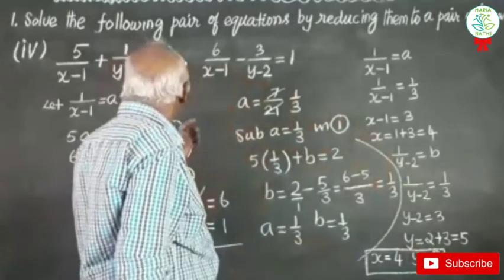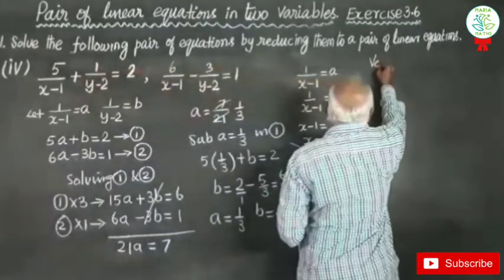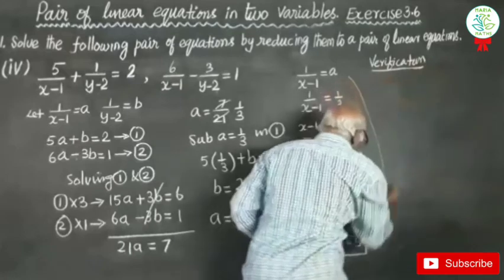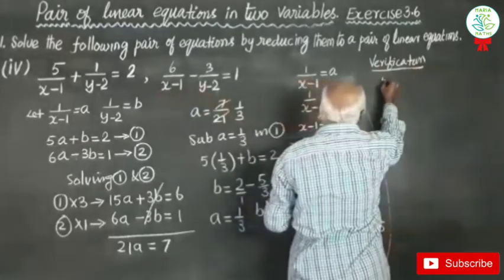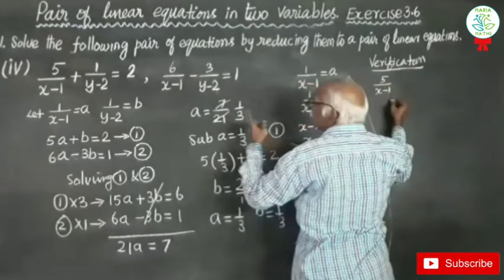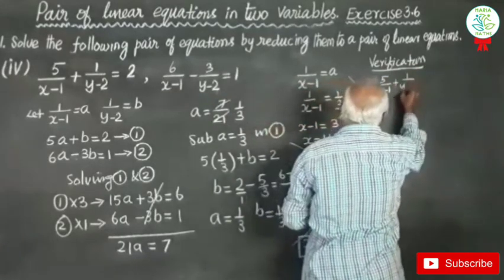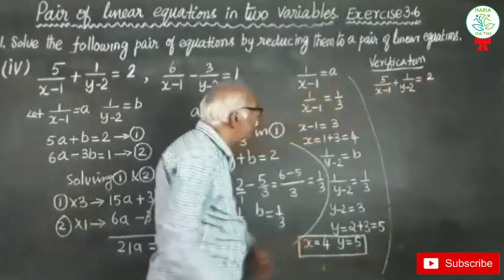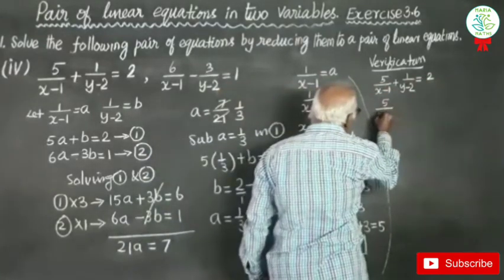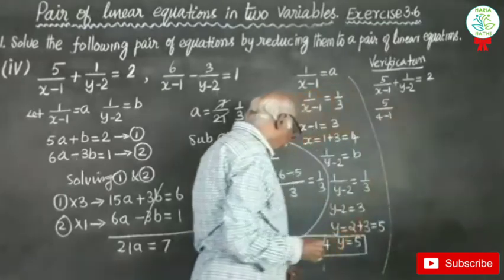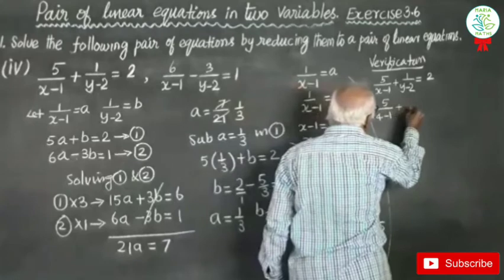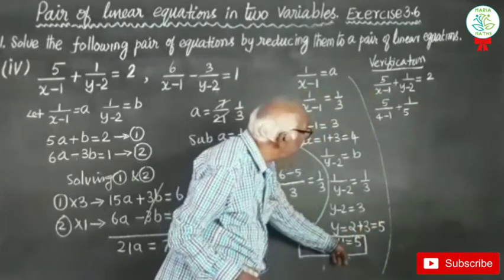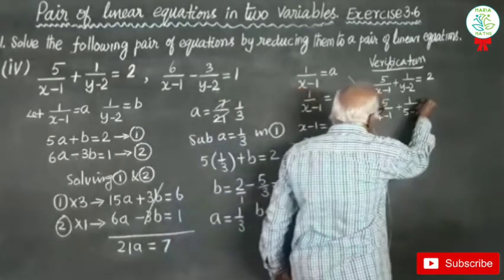Now we can verify in equation number 2. Verification. 5 by x minus 1 plus 1 by y minus 2 should equal 2. Now x is 4. 5 by 4 minus 1 plus 1 by 5 minus 2 is equal to 2.